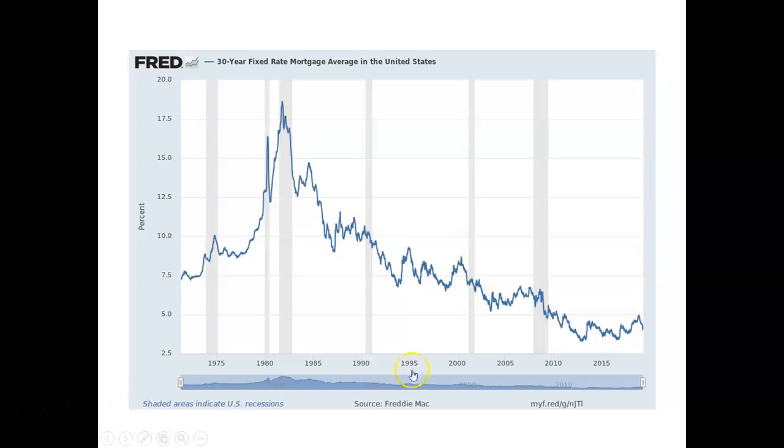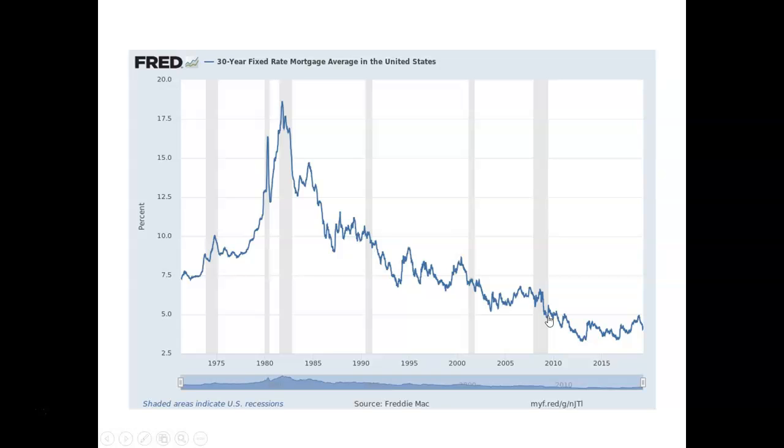What I want to point out here is I want you guys to look in the lower right-hand corner of this chart, and I want you to understand that, folks, we have not been below 5% on the 30-year mortgage at any point in history until the financial crisis that we had in 2008 and then the beginning of 2009.